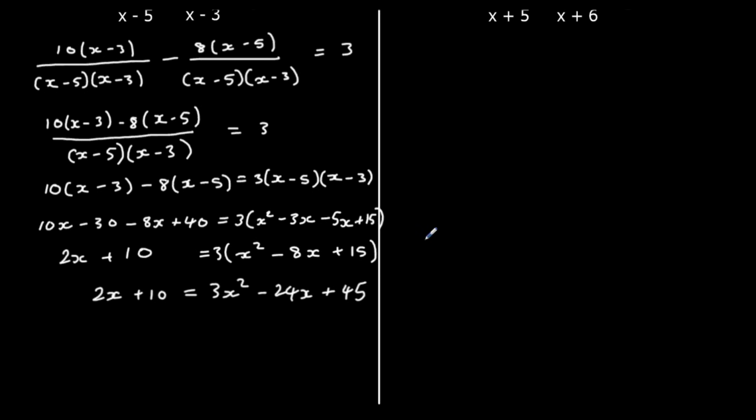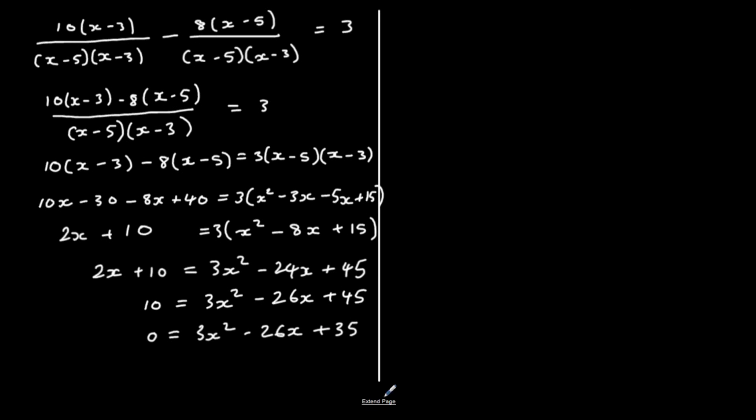Now I'm going to make it equal to 0 because that's how we solve quadratics. So take 2x away from both sides. So 10 is equal to 3x squared minus 26x plus 45. And then take 10 away from both sides to make it equal to 0. So 3x squared minus 26x plus 35.